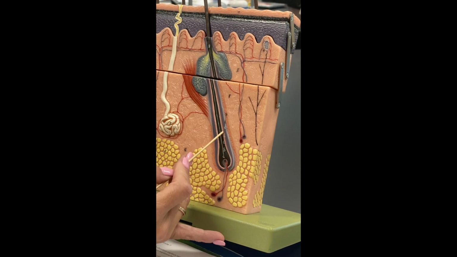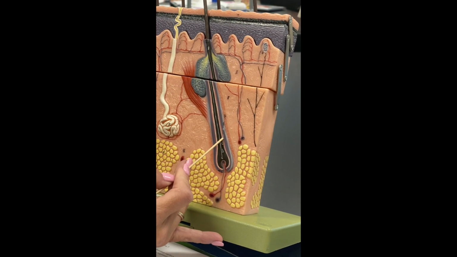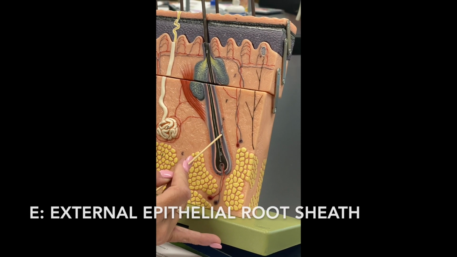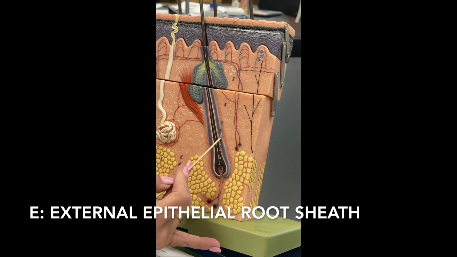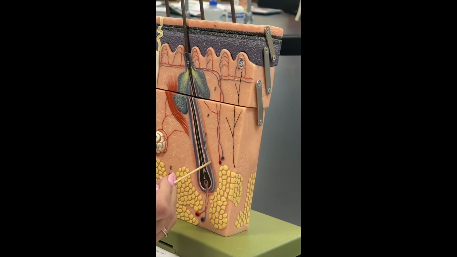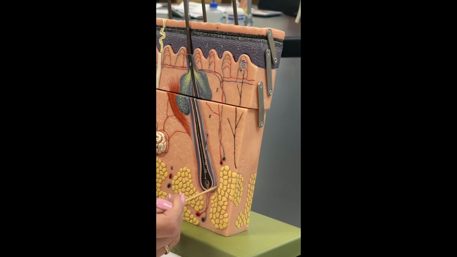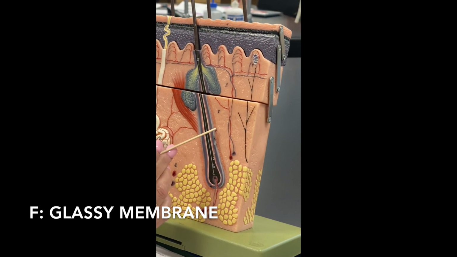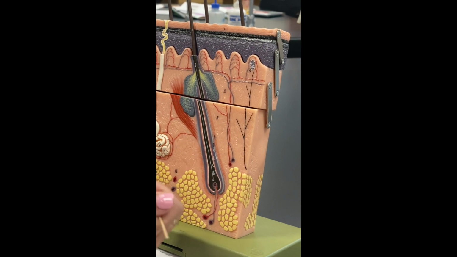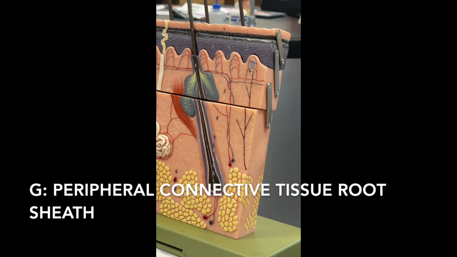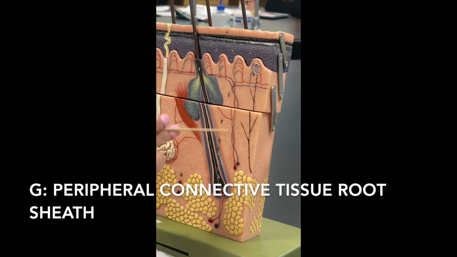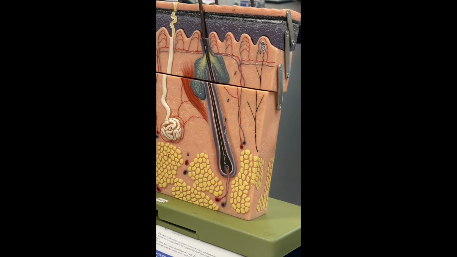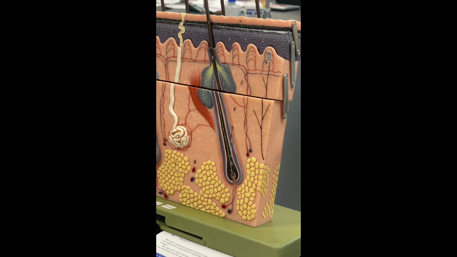So here's your internal epithelial root sheath, that's D. E is your external epithelial root sheath. F is that silvery line right there that looks like a hot pink when it's stained, that's your glassy membrane. G is the connective tissue on the outside, so it's your peripheral connective tissue root sheath, okay? So you have all the layers of the hair follicle and the hair itself, okay?